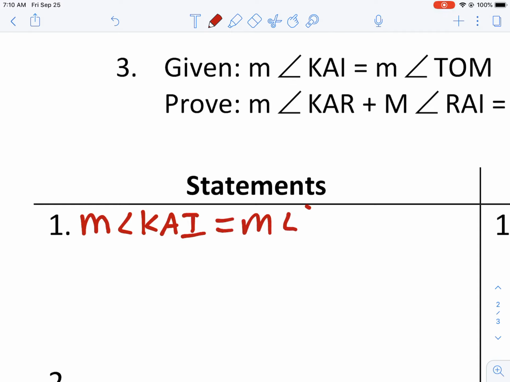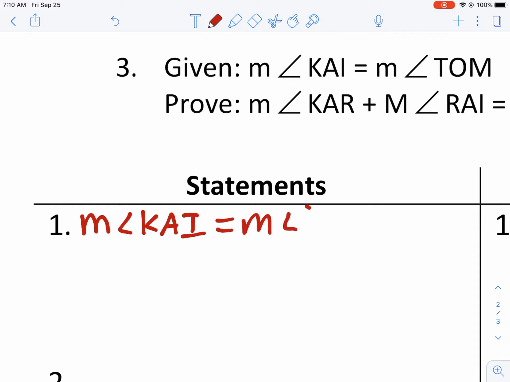Now, we're trying to prove that KAR plus RAI equals TOM. Well, what do we know? What does this look like? That looks like the angle addition postulate. Think about what the angle addition postulate is: it states that these two smaller angles add up to the big angle.